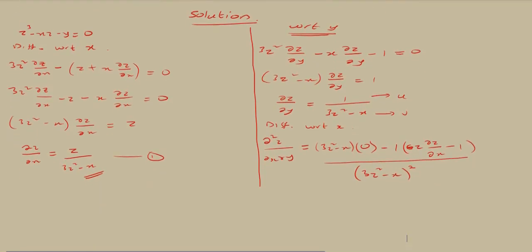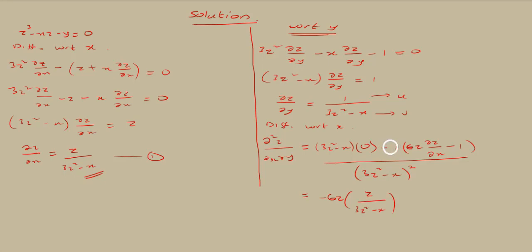Now, anything multiplied by 0 is 0, so I'll be left with this. This one will become minus 6z dz/ds. But what is dz/ds? I know what dz/ds is already; that is what I first looked for. dz/ds is z all over 3z squared minus x. So I'm going to replace it here instead of writing it again. So this will become z all over 3z squared minus x.